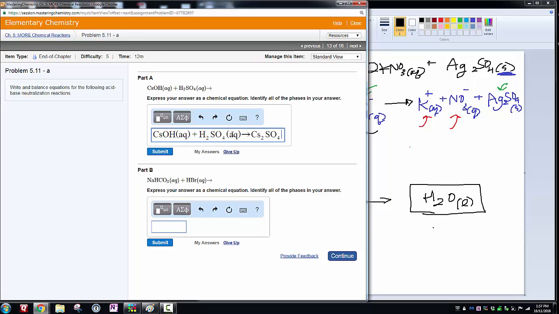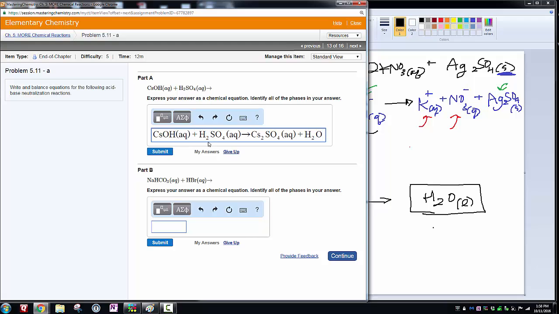Now cesium is a group 1 ion. It is an alkali metal, and all alkali metals are soluble, so I can predict that that product will be soluble. And then inside ions I have hydroxide combining with hydrogen. That's H plus because it's in group 1. Hydroxide is defined to have a charge of -1, so +1 -1. I get 1 H with 1 OH, so I could write that as HOH, but really that is H2O, right?